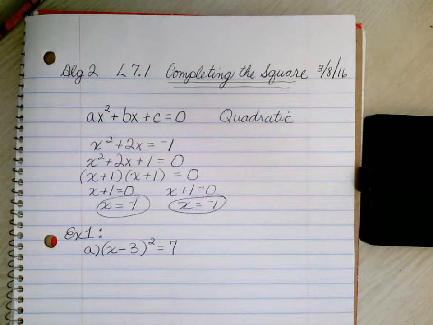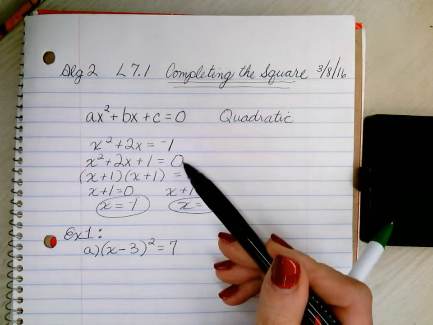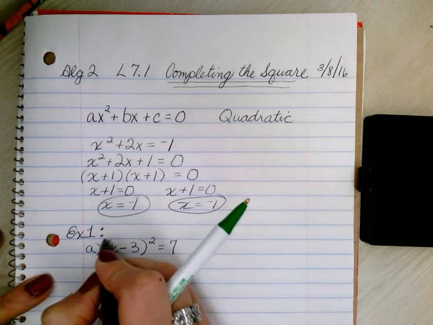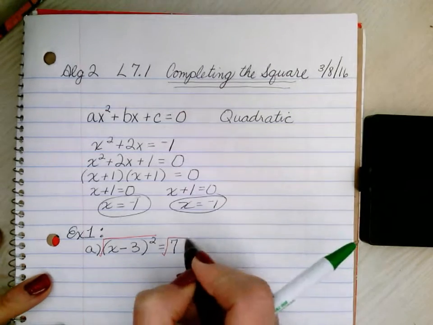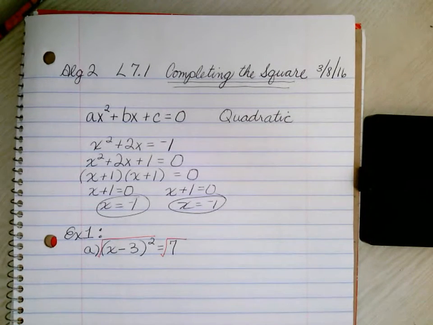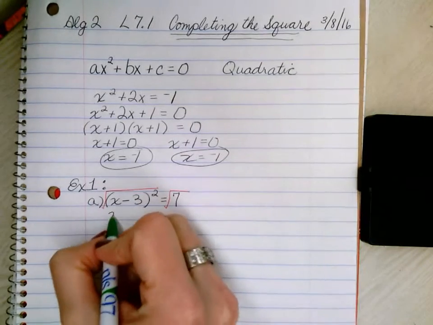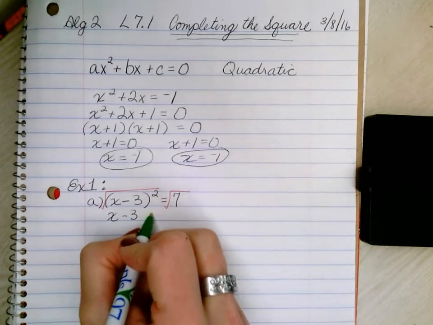Instead of me attempting to multiply this out, subtract my 7 over, zeroing out, and then try to factor it, I can see that my answer can be obtained by rooting, so to speak, both sides. The square root of x minus 3 squared is x minus 3.